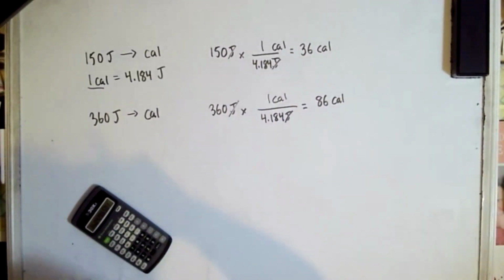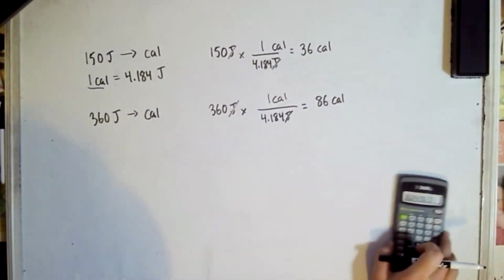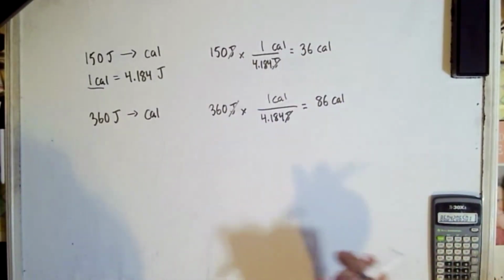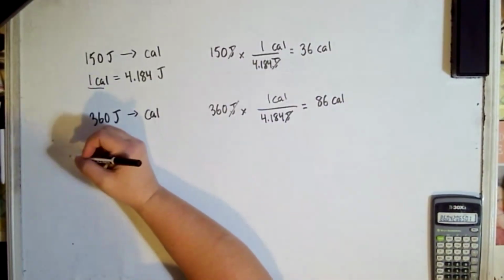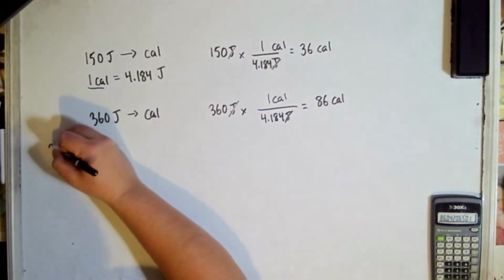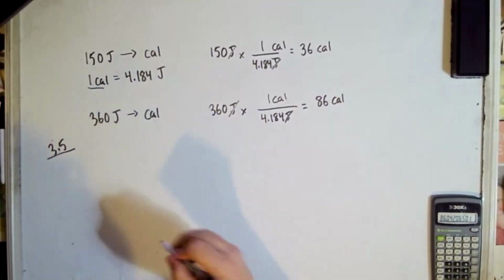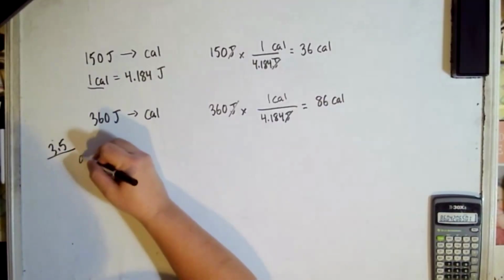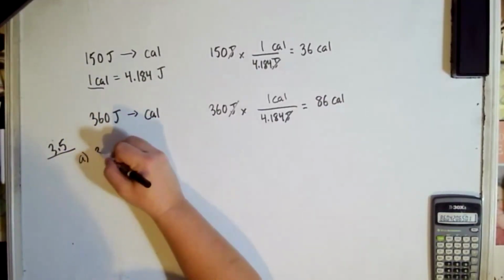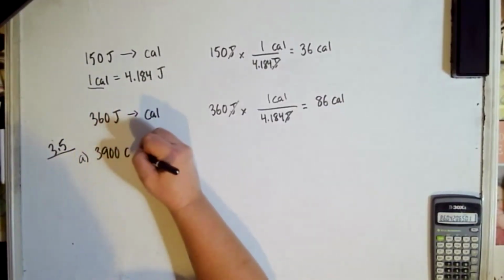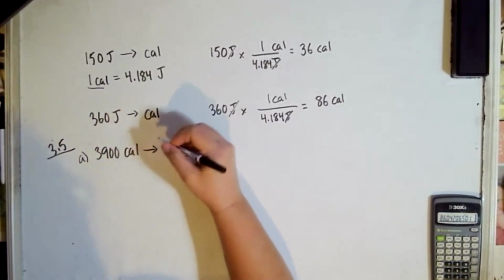All right. Next question. Study check 3.5 says, when 1 gram of glucose is metabolized in the body, it produces 3,900 calories. How many joules are produced? So we're going to take 3,900 calories and convert it into joules.